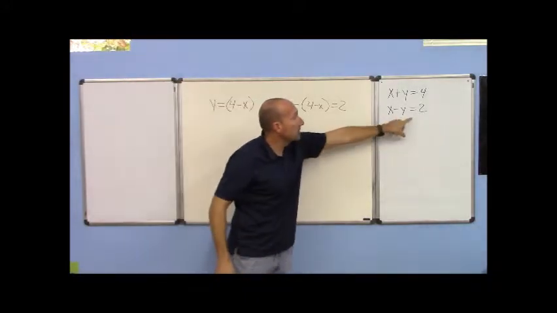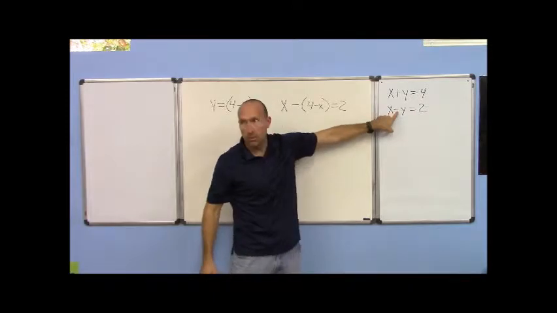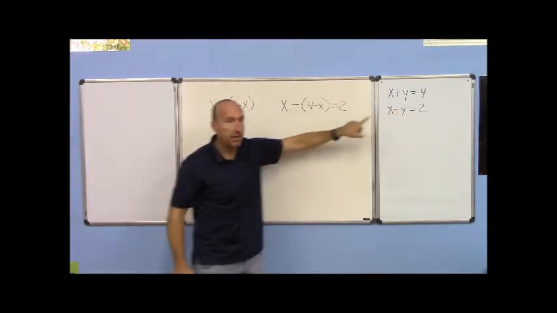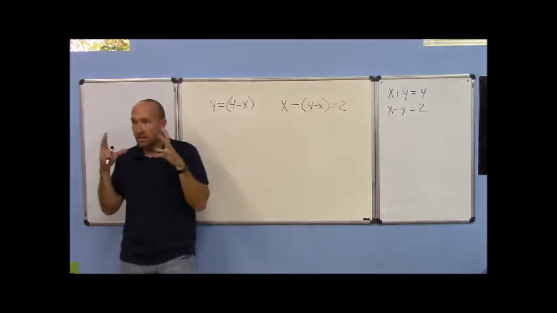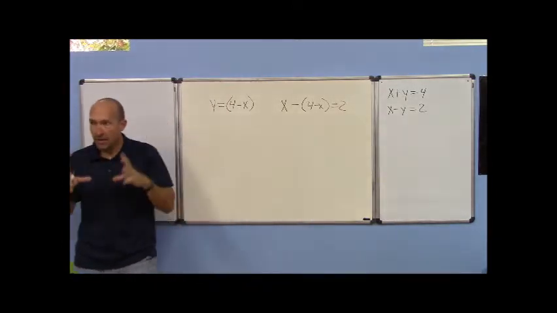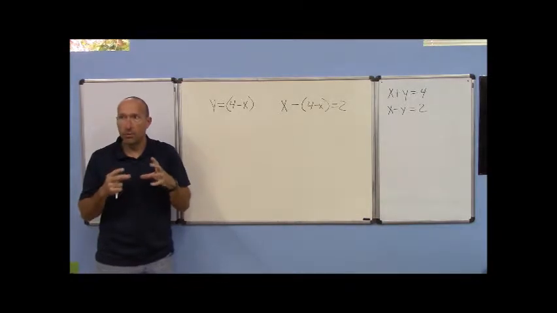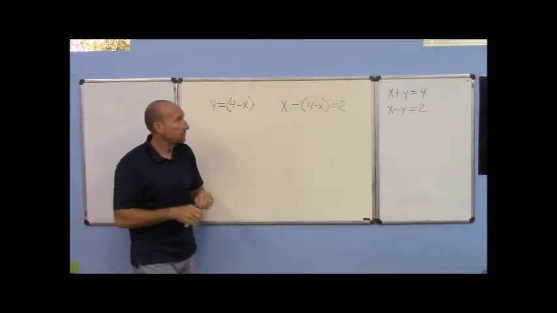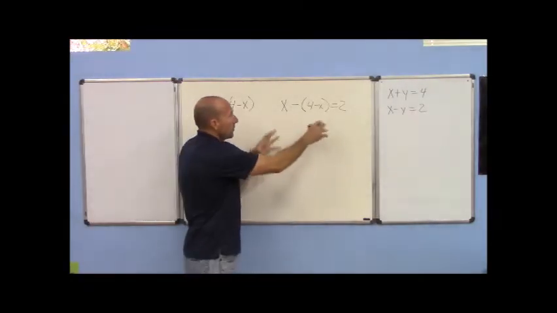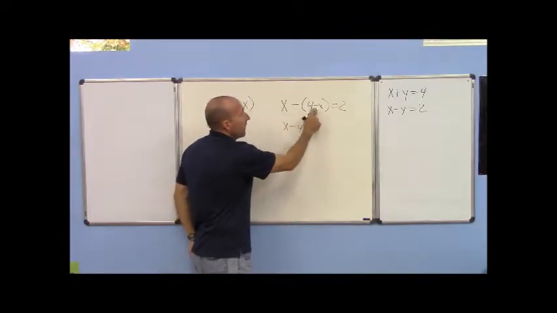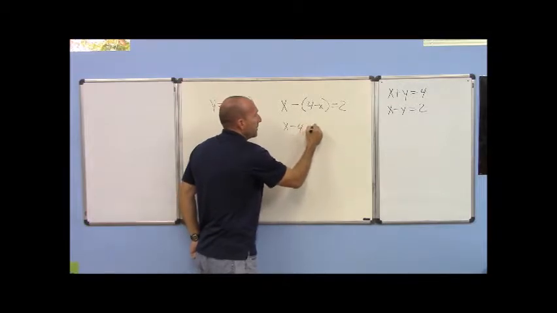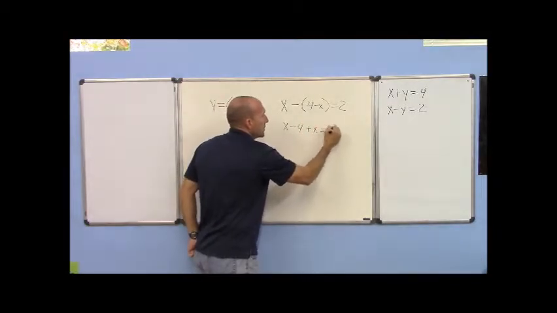Now, we have to pay attention to this negative sign. That negative sign applies to everything that is the value of y. That's why we put it in parentheses, so that we don't make that mistake. Now, let's get rid of the parentheses: x minus 4, and then minus a negative x gives us a positive x equals 2.